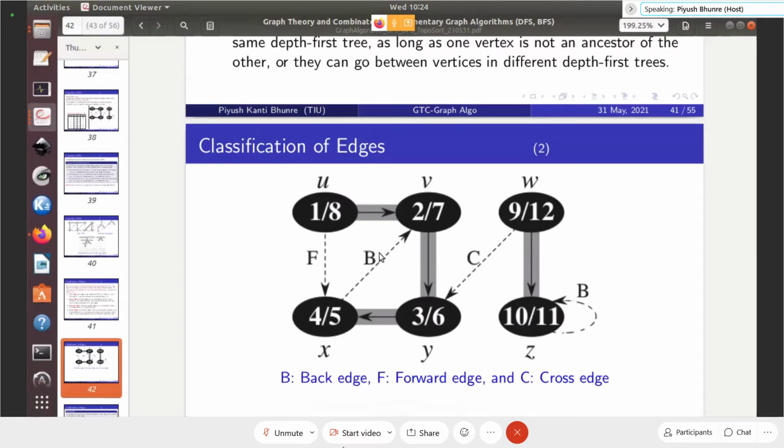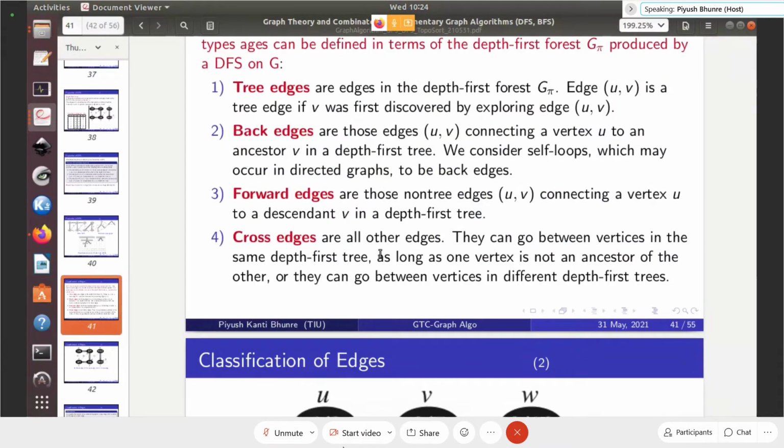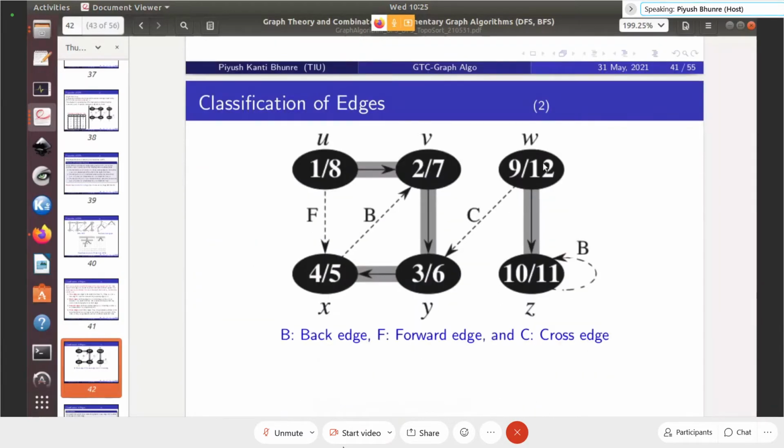This can be characterized using discovery and finish times as well. So we have got tree edge, back edge, and forward edge. Whatever other edges are left out are called cross edges. All other edges which are not a tree edge, not a back edge, and not a forward edge are called cross edges. For example, over here there is an edge from w to y, but y is already discovered and there is nothing to do.